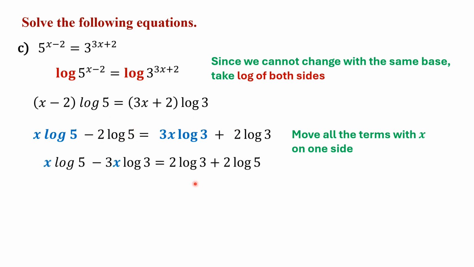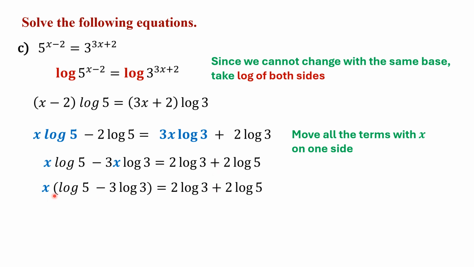So we will get this. I still highlighted the x because it is in these two terms, so we have to factor out or isolate this x. Factoring out x, the other factor is this, which is equal to the right side of the equation.